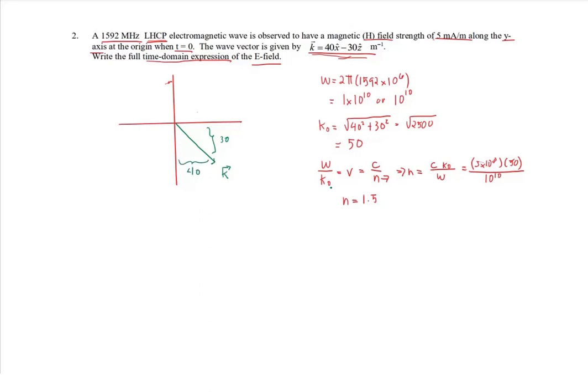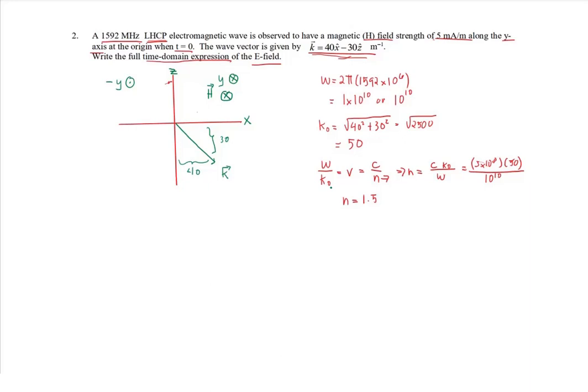So let's label this. This is going to be x, this is going to be z. And using our right hand rule for axes, we determine that positive y is going into the page and negative y is coming out of the page.